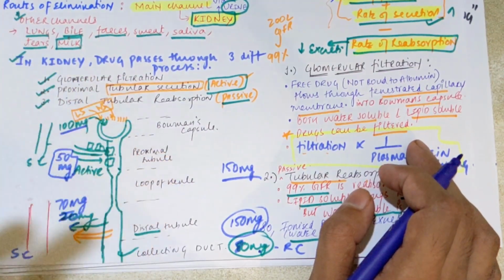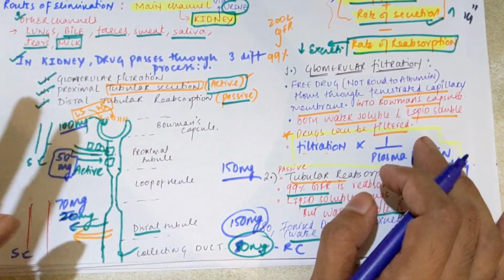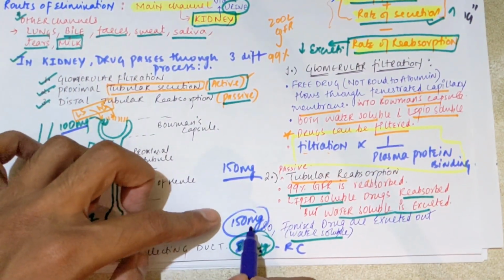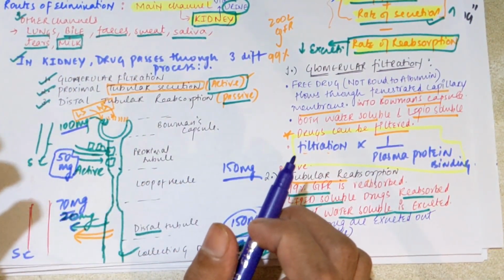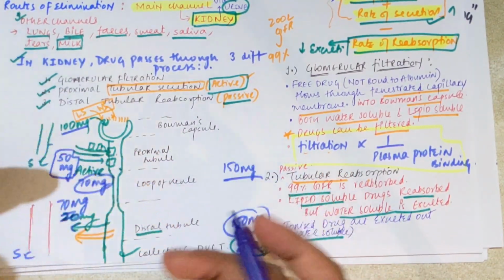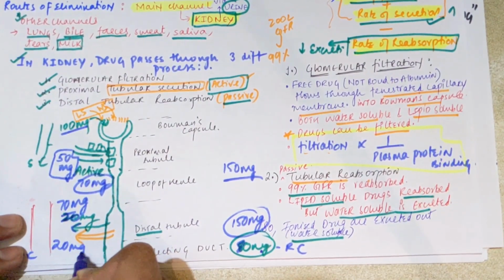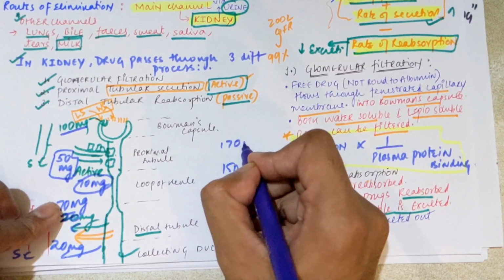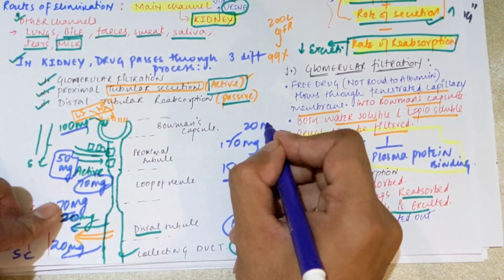But tubular reabsorption may or may not be present, because 50 mg can be secreted out, so the total will be 150 mg. Another case can also happen: 70 mg was tubularly secreted, but 20 mg was reabsorbed, so again the total will be 150 mg. So total secretion was 170 mg, but out of 170, 20 mg was reabsorbed.